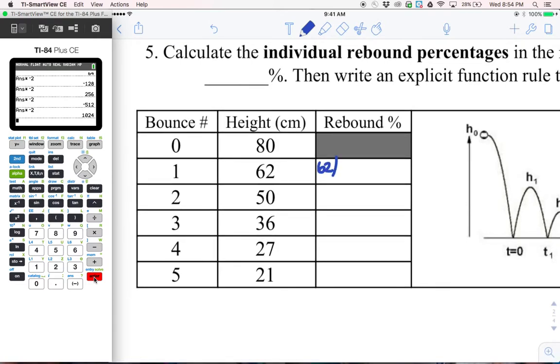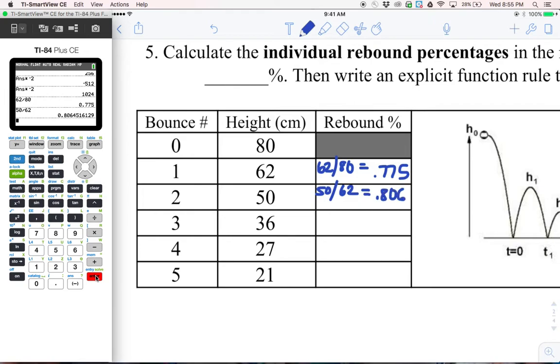We're going to do 62 divided by 80, which we get 0.775. All right, the next one we're going to do 50 divided by 62, and we get 0.80645, so I'm just going to say 0.806.